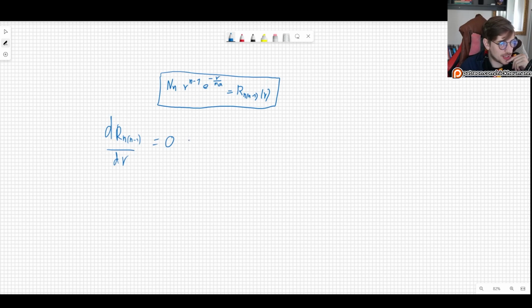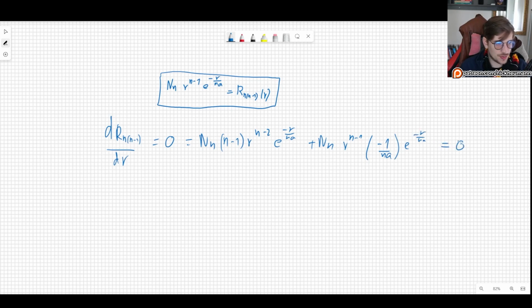If we do that, we have, of course, our normalization constant, and then we have n minus 1 times r to the n minus 2 e to the minus r over NA. Then we have plus the derivative of this, it's the product rule, so plus the normalization constant times r to the n minus 1, and now minus 1 over NA times the same exponent.